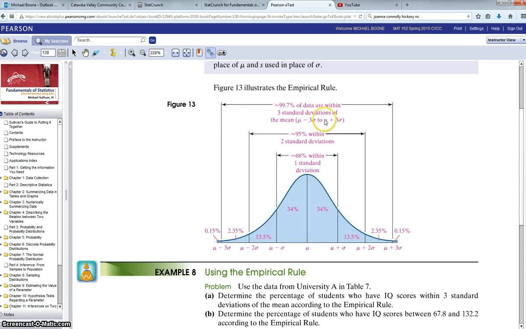Again, you always have people that are extreme on either end. But the empirical rule is just giving some numerical information about a population if it has a normal distribution.